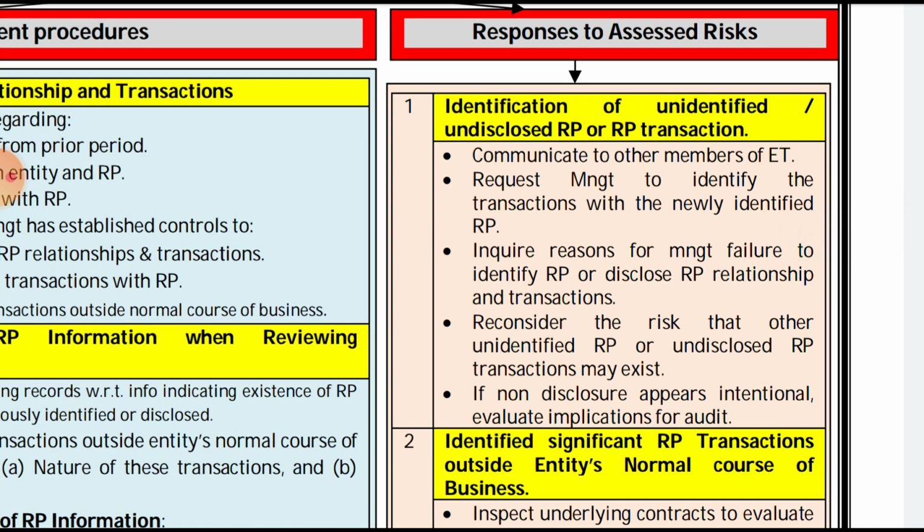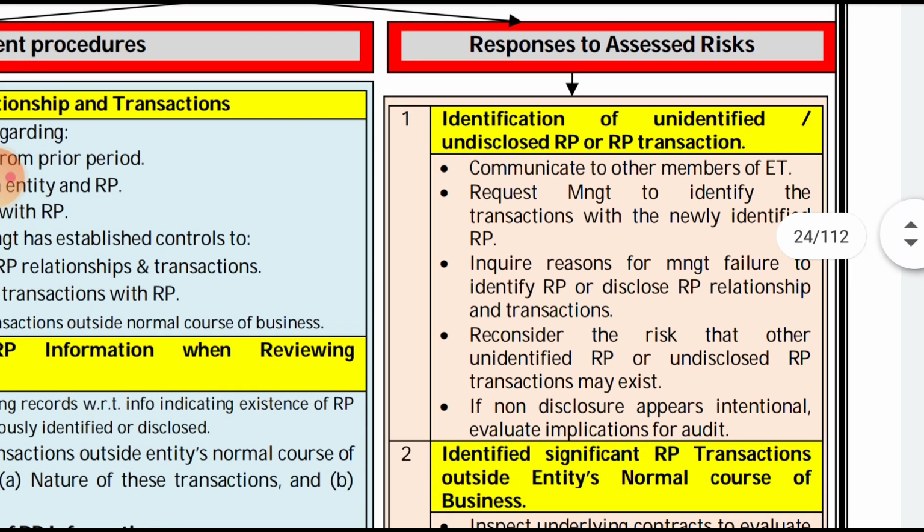Third, inquire the reasons from the management. They will ask for the reason for the failure to identify or disclose the related party relationships and transactions.